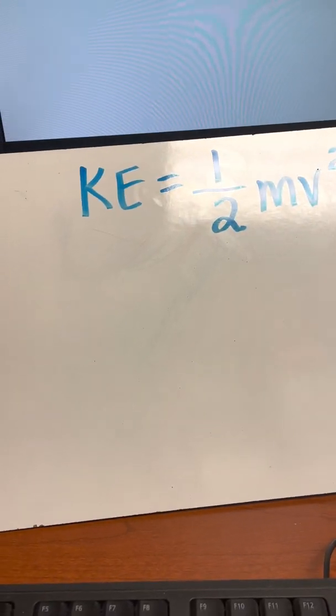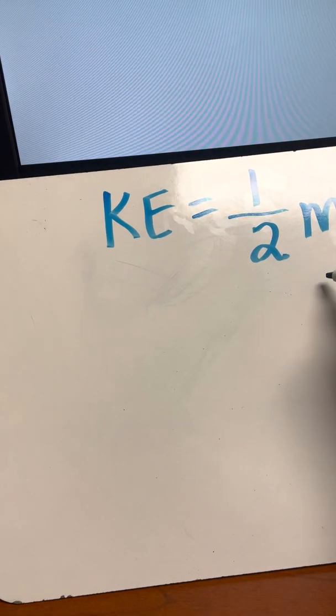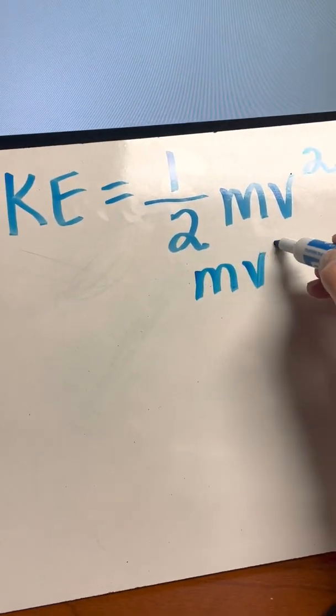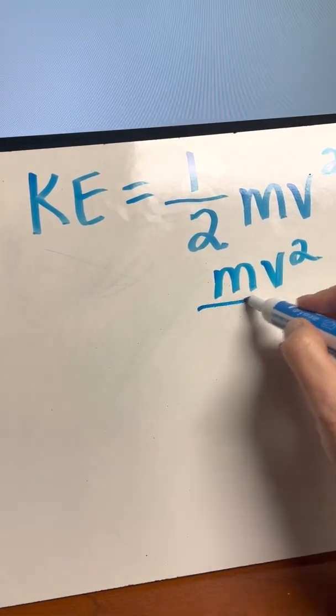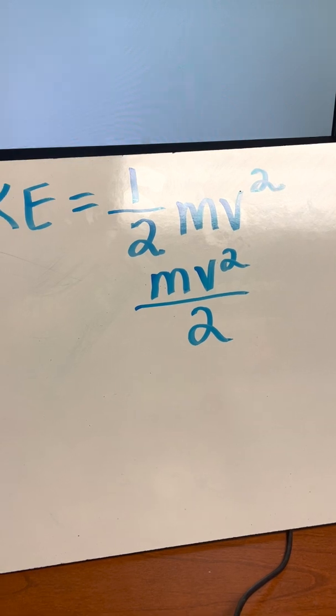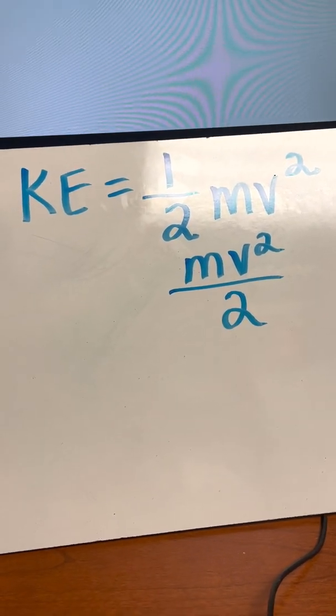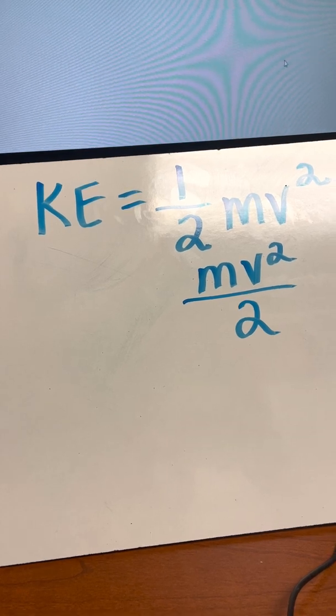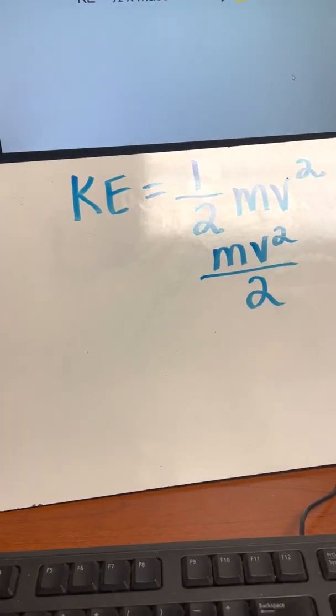Or another way to do that is just mass times velocity squared divided by 2. So there are two different ways to write it, two different ways to calculate it to get the same answer. This is how we're going to figure out an object's kinetic energy.